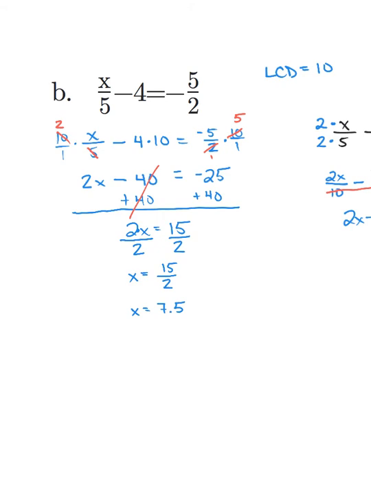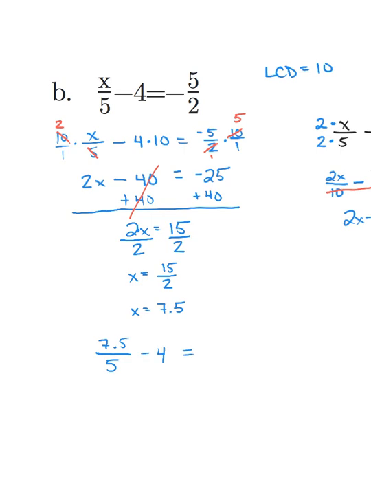Now, when I work with fractions, in terms of how do I check it, I use a calculator. So for instance, what we want to do if we're going to check in our calculator, on this last problem, you may want to use the decimal form. I want to do 7.5 divided by 5 minus 4.